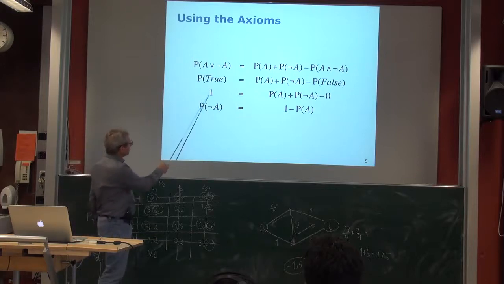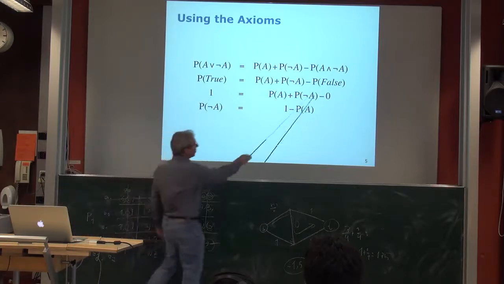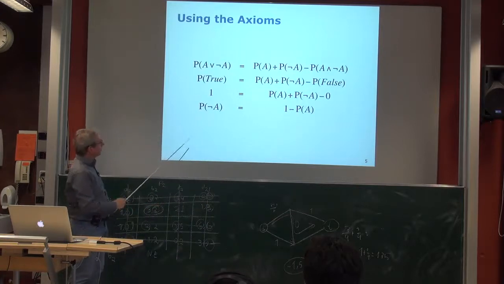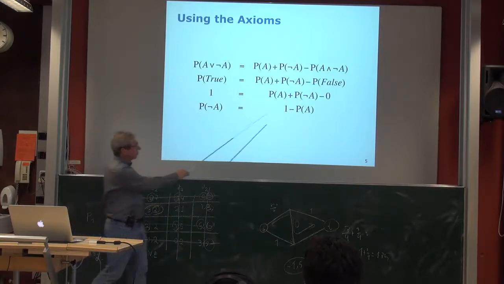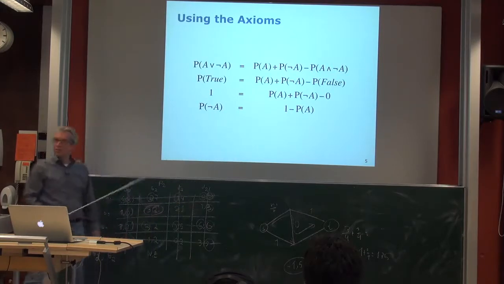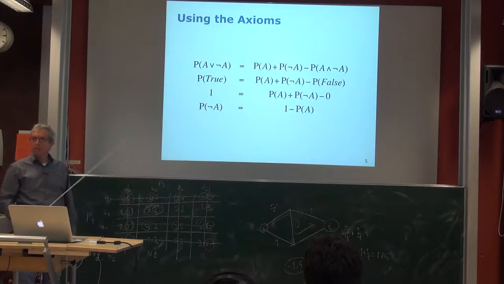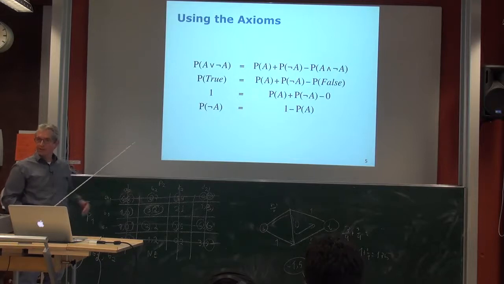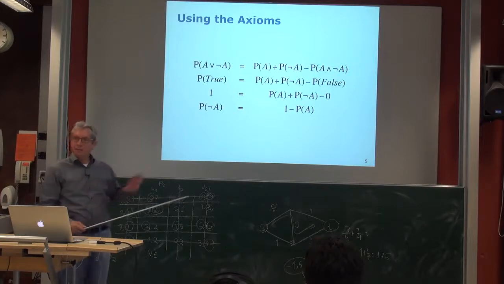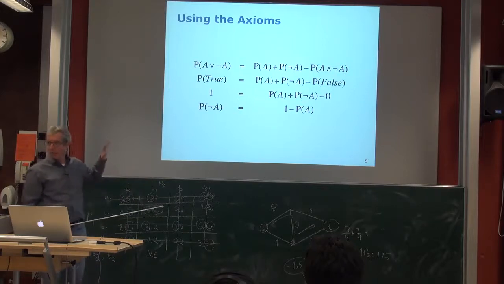And we know that P of true is 1, one axiom, and we know that P of false is 0, the other axiom. And from that we get 1 is P of A plus P of non-A, and by simple rearrangement we get P of A is 1 minus P of non-A. Of course you could add this to the axioms, but why do so if you can have a more compressed description of what you need for probability theory. And basically everything else can be derived from those axioms, all you need.